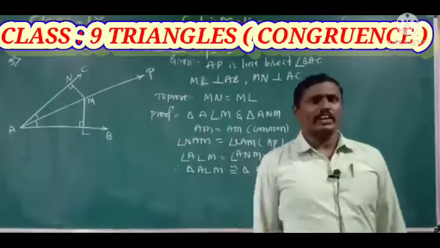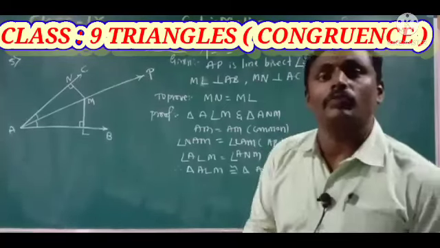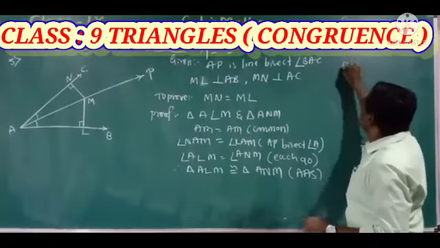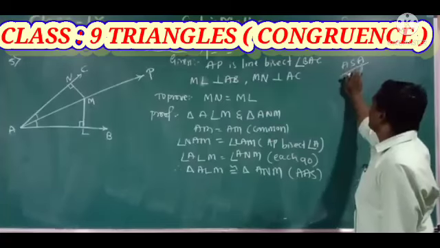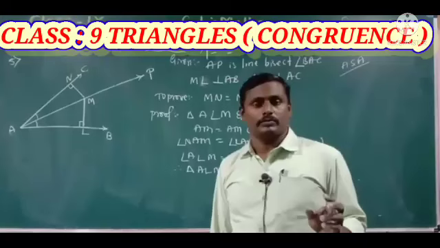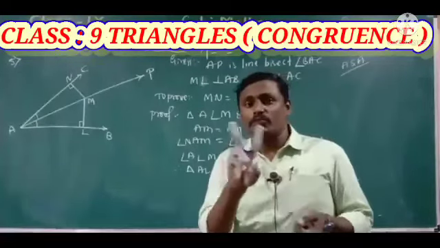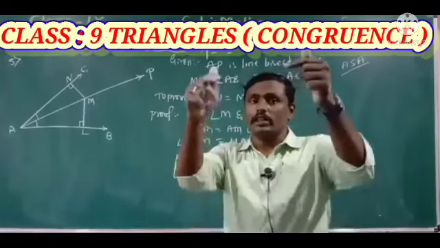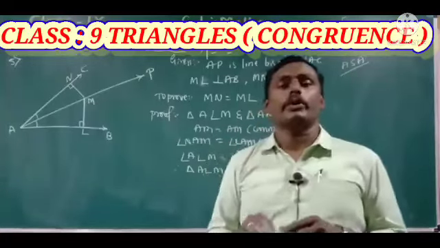What is that new criteria, AAS? AAS is one of the forms of the congruence criteria, ASA. It means in any two triangles, if any two angles are equal, the third angle is also equal by using the angle sum property of the triangle.